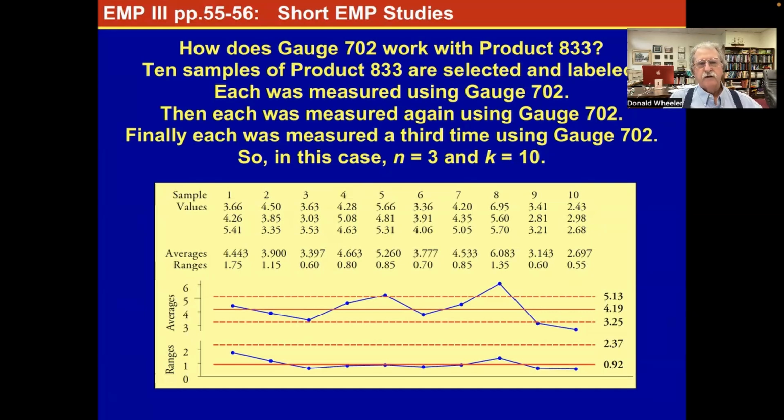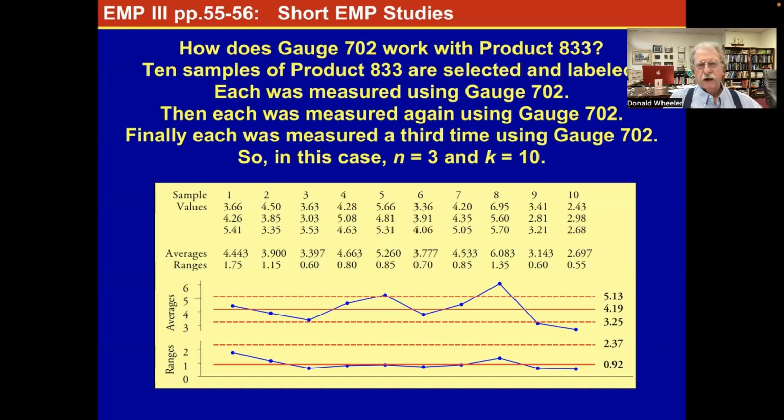And we like to do it this way so that it's more complex than simply measuring one part 3 times in a row. It gives us what we feel like is a more realistic test-retest value. So in this case, n equal to 3 and k equal to 10.